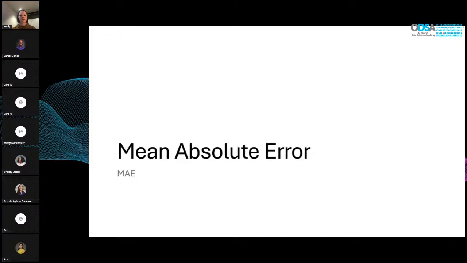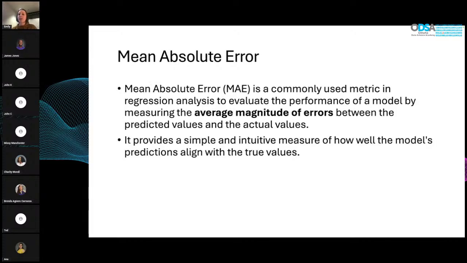All right, let's talk about the first evaluation metric that we're going to discuss today for regression problems, and that is mean absolute error. In the field of data science, I'm sure many other fields as well, people really enjoy abbreviating things, so you will just see this as MAE. The mean absolute error is a metric used to evaluate the performance of a model by measuring the average magnitude of the errors.